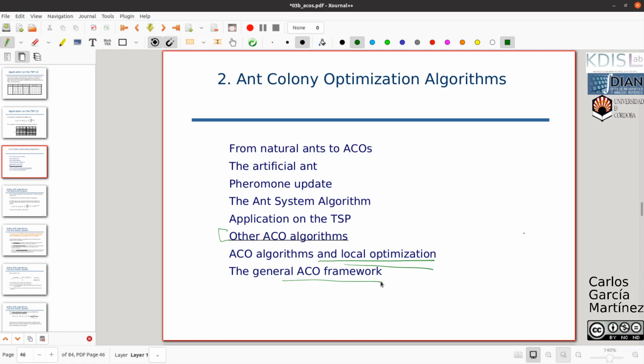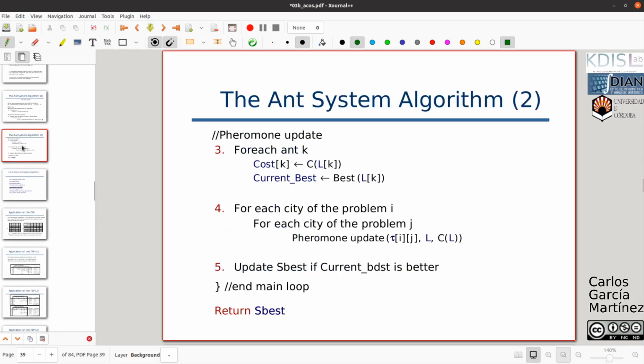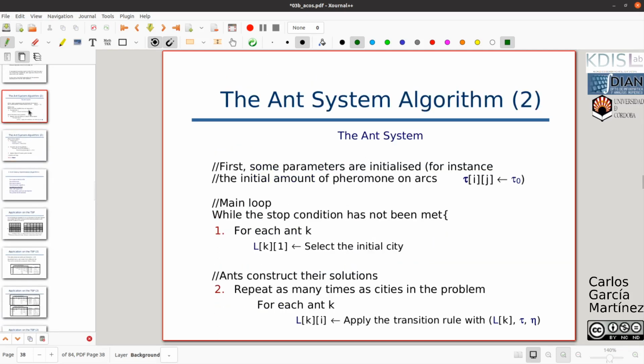In order to recap, you can recall that the idea of ant colony optimization in algorithmic terms was that at the beginning we initialize the environment with a specific amount of pheromone for all the possibilities in the problem.